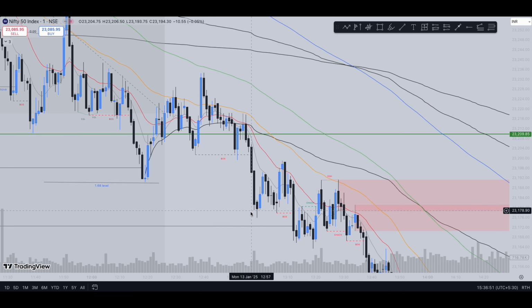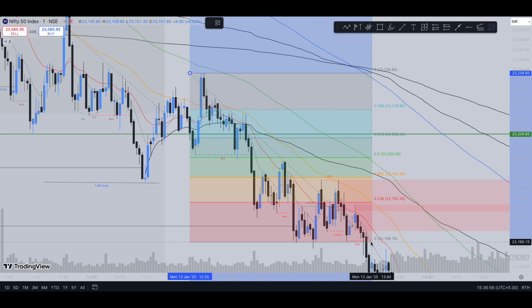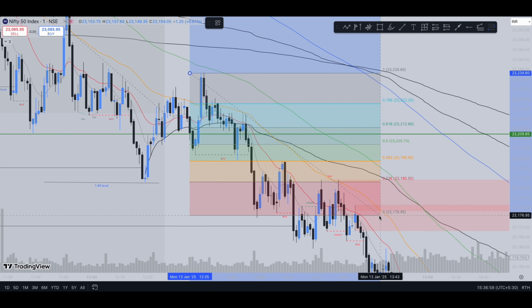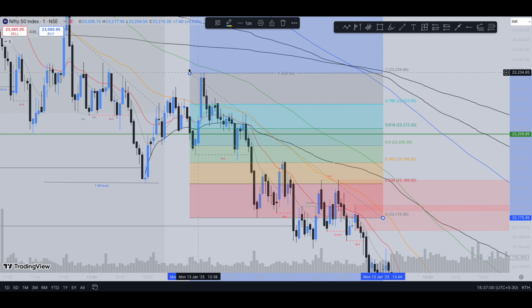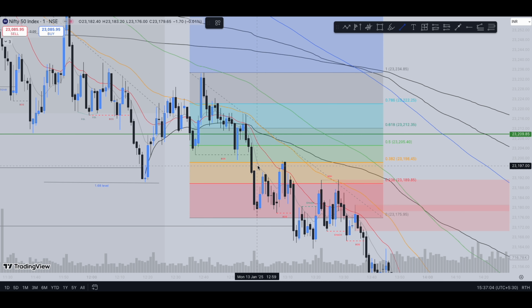If you consider this as a swing structure, and if you try to draw fib levels, you can see clearly that the market couldn't cross the 0.38 level.